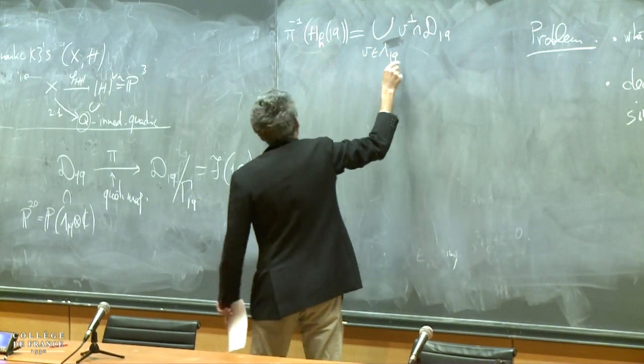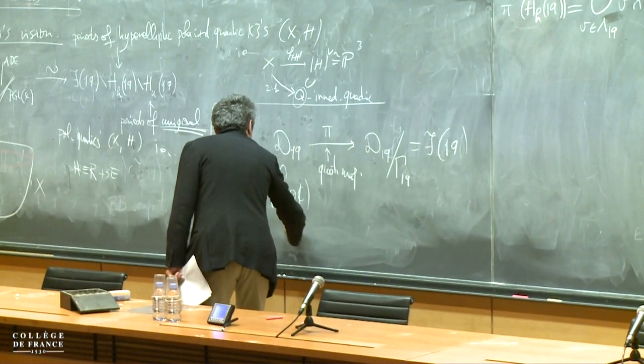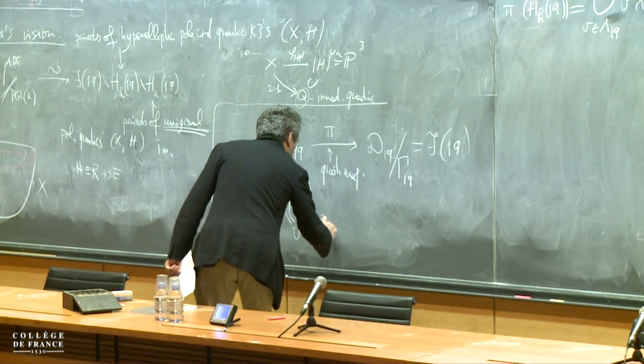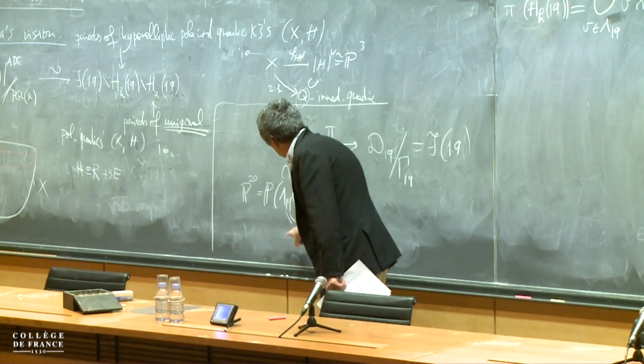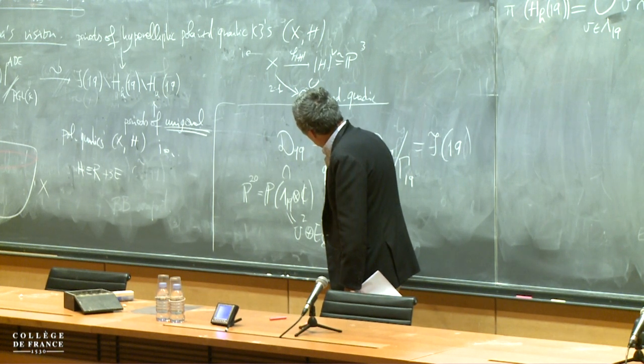This makes sense because, if you want, this is U2. You take the K3 lattice, you take a vector of square 4, and you look at the perpendicular.